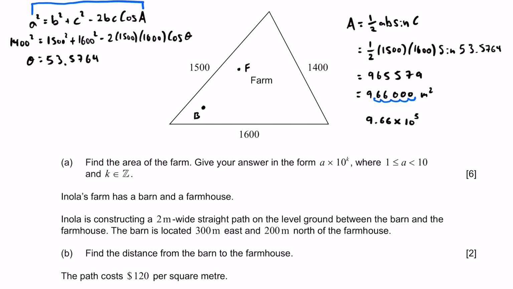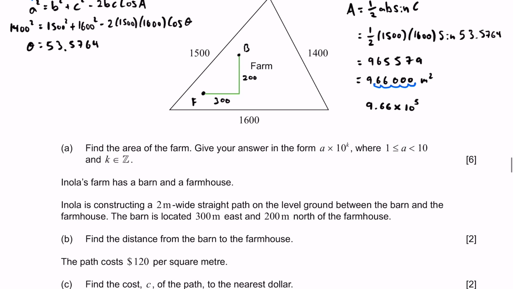And they tell us that the barn is located 300 meters east and 200 meters north of the farmhouse, which actually means that I should switch these around. Just to visualize this, we would have the barn located 300 meters east and then 200 meters north. I know this isn't entirely to scale, but this is the situation we have here.